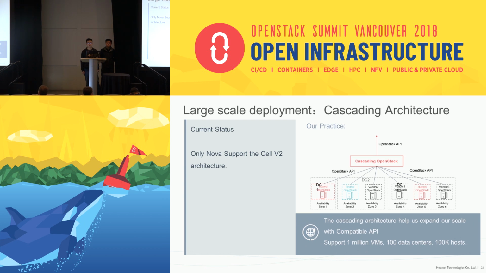It solved the problem to some level, but it's still limited to only Nova. In all Huawei and partner public clouds, we used an architecture named Cascading. The Cascading OpenStack has compatible APIs the same as the normal OpenStack, and manages the resource drivers also the same as the standard OpenStack API.